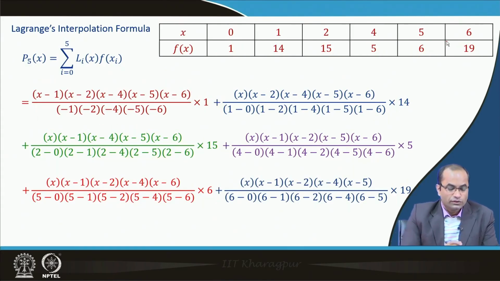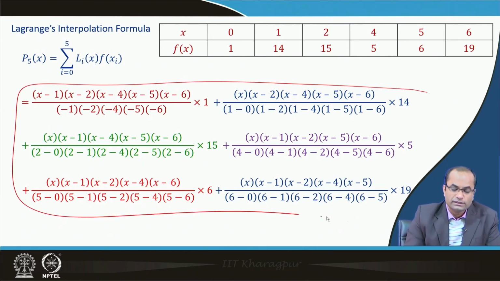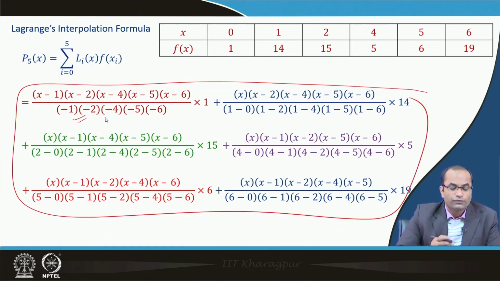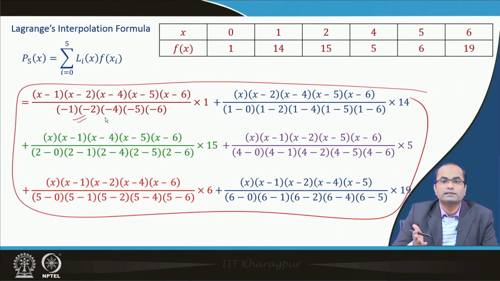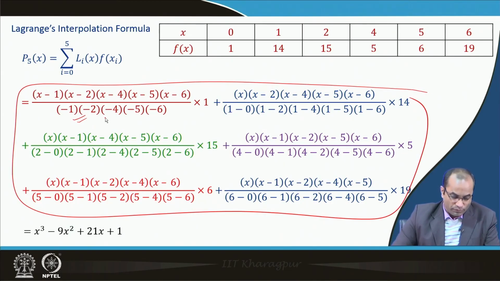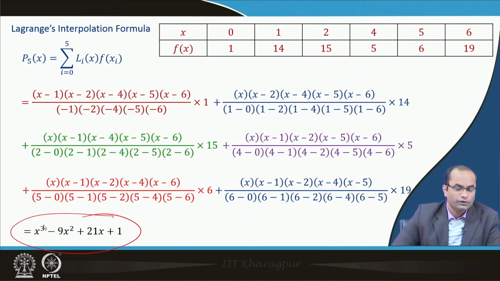So, we have to now simplify all these, each having a 5 degree polynomial, and there will be cancellation of degree 5 terms, degree 4 terms, and finally, we will get the polynomial which is just a third degree polynomial.